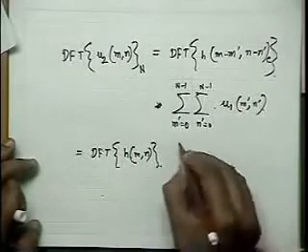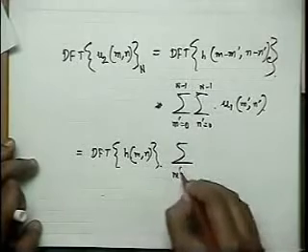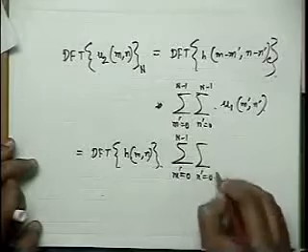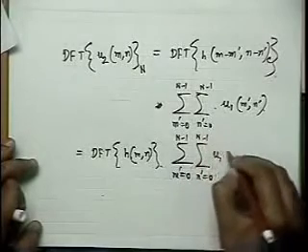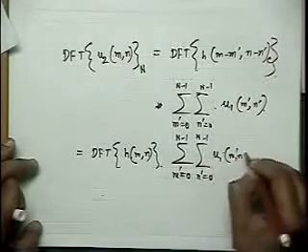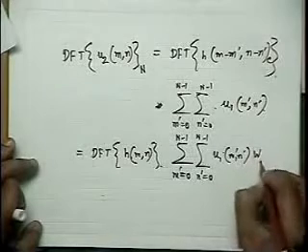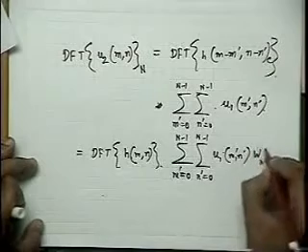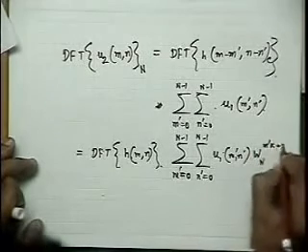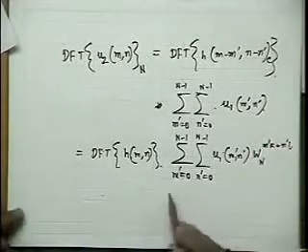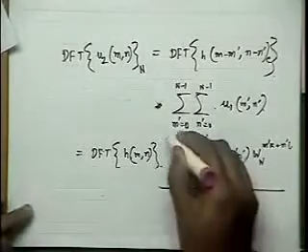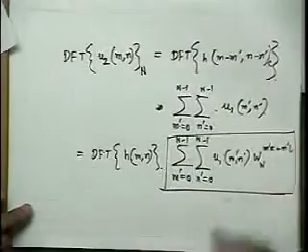Then I have the summation over m prime and n prime of u1(m prime, n prime) times W to the base N, what is the term that is left out? m prime k plus n prime l. Now tell me, what is this expression? This is the DFT of u1.